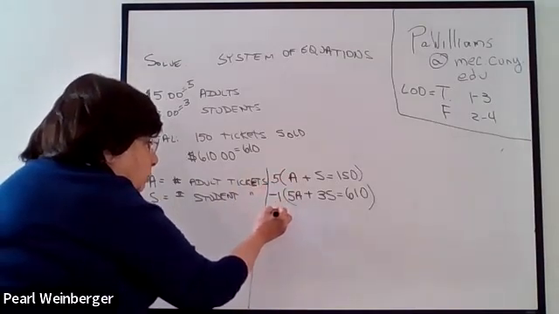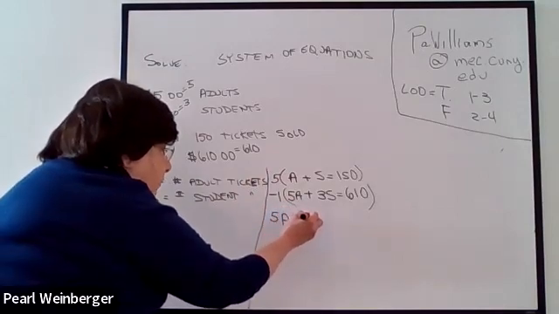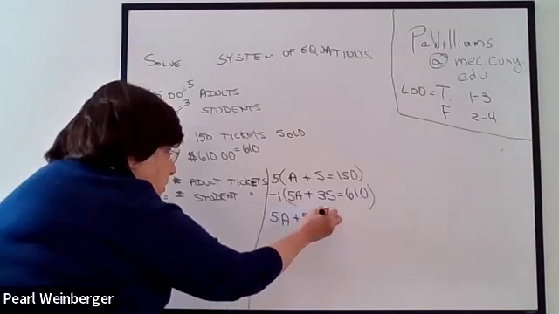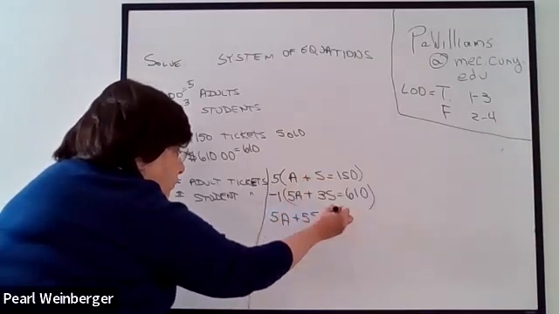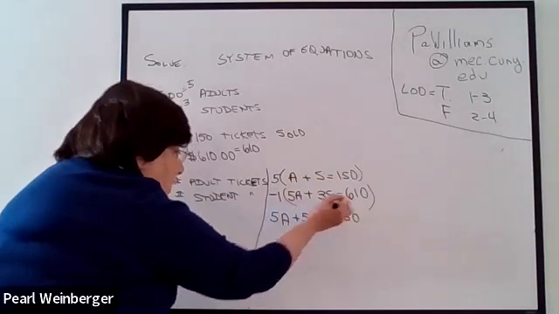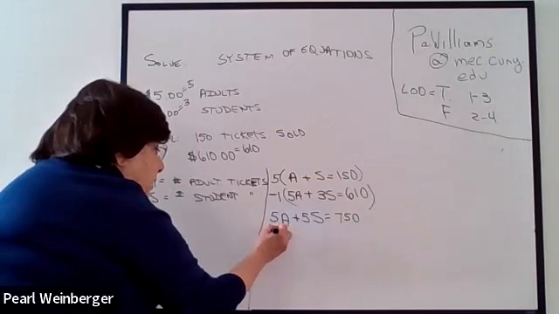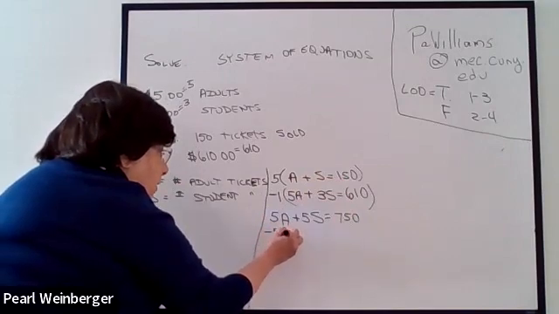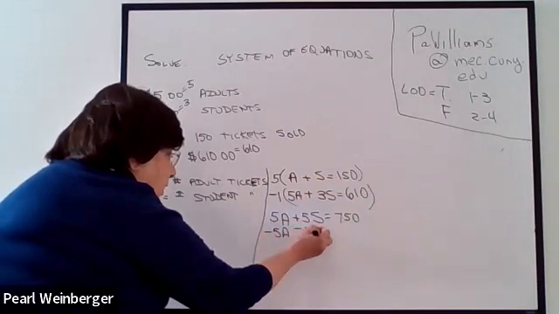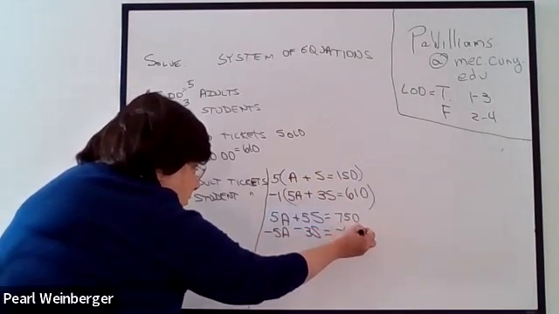Multiplying my top equation by 5 gives me 5A plus 5S equals 5 times 150, which is 750. And the bottom equation multiplying by -1 becomes negative 5A minus 3S equals negative 610.